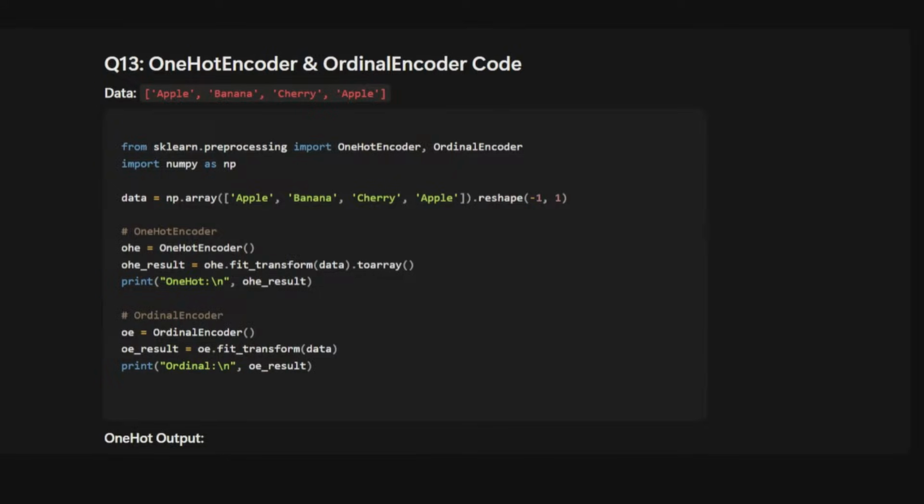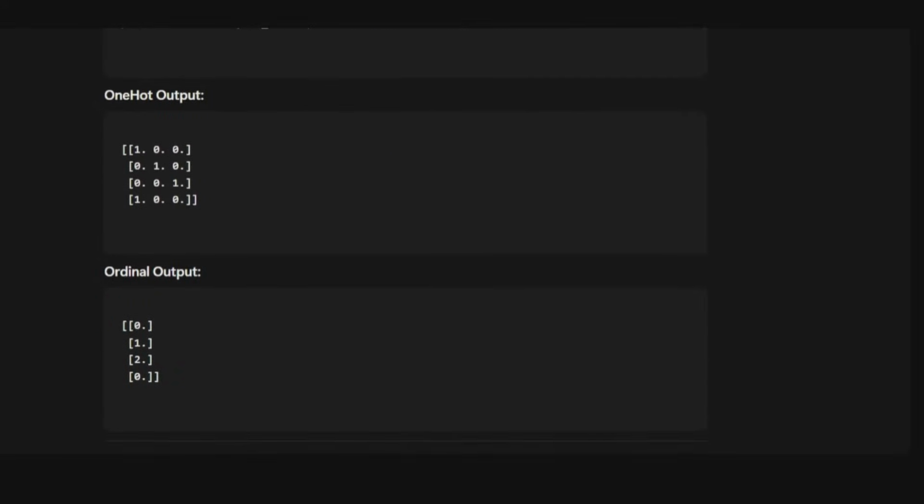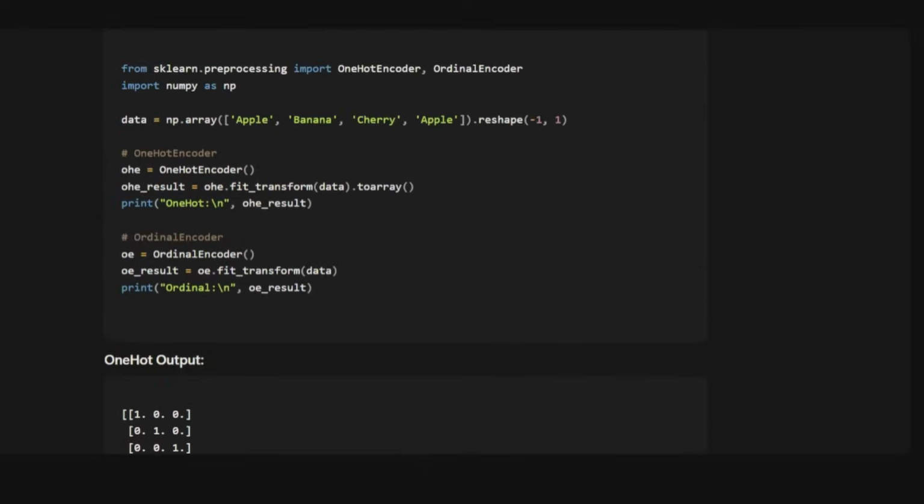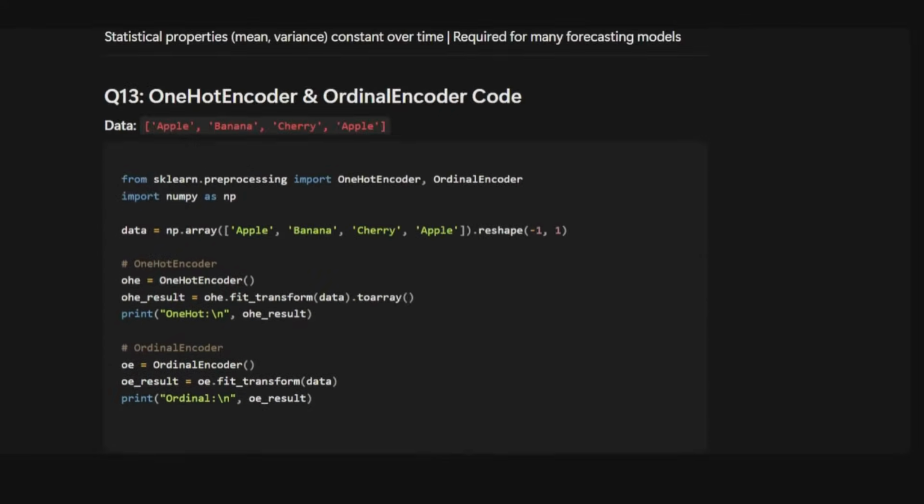Next question: you have to write the Python code to apply your one hot and your ordinal encoder on these particular values, that is, your data being apple, banana, cherry, apple. We have done this question in the code segment. Again, the difference is how it is represented differently in one hot encoding and ordinal encoding.